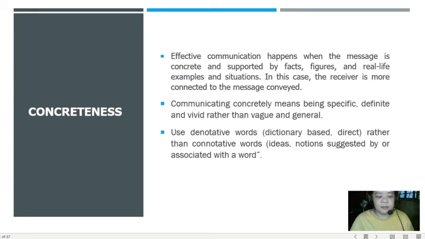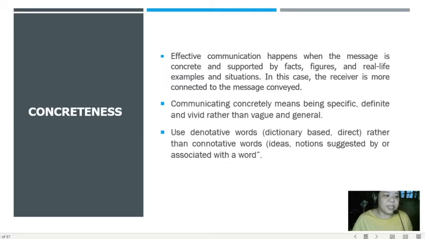So if your message is supported by facts, figures, and numbers to back up what you're saying, or has real life examples, then your reader will more likely appreciate and understand the message better.